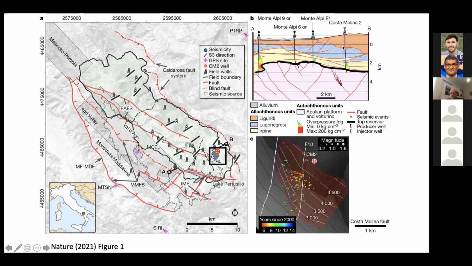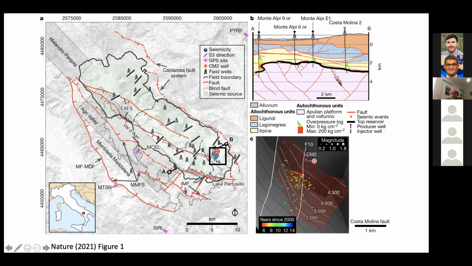The injector well is Cosmolina 2, and it's injecting into these Apulian carbonates, which are the producing horizon in the field, and some of the earthquakes are plotted here.